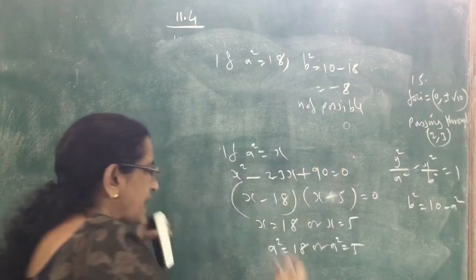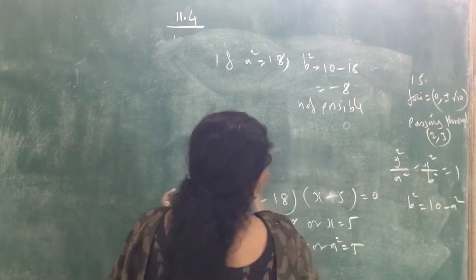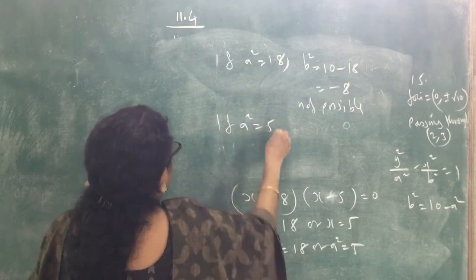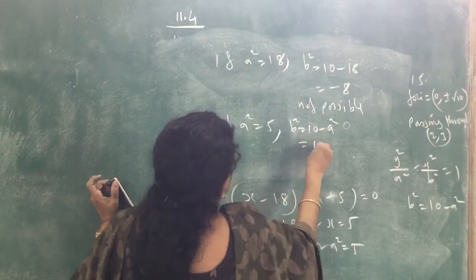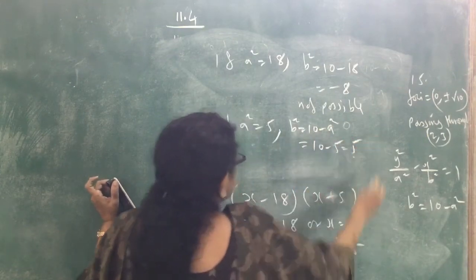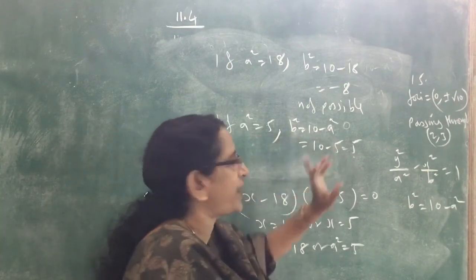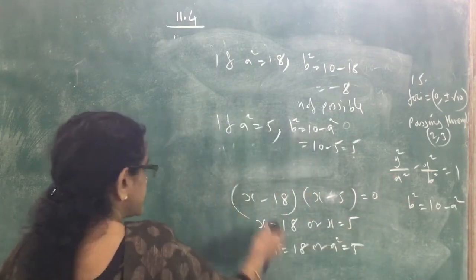So we will consider the other value, a square equal to 5. Then b square equal to 10 minus a square, that is 10 minus 5, that is equal to 5. So we got a square equal to 5 and b square equal to 5.